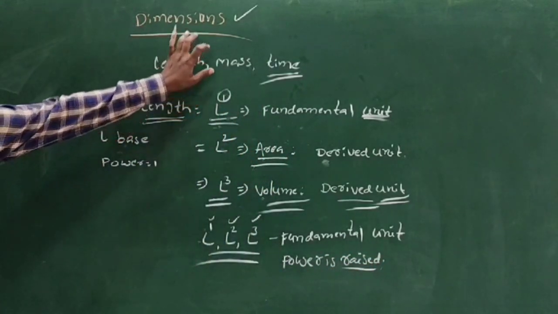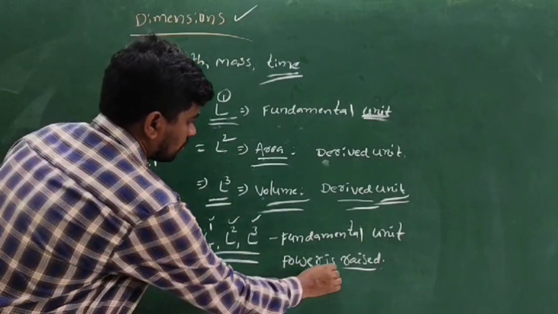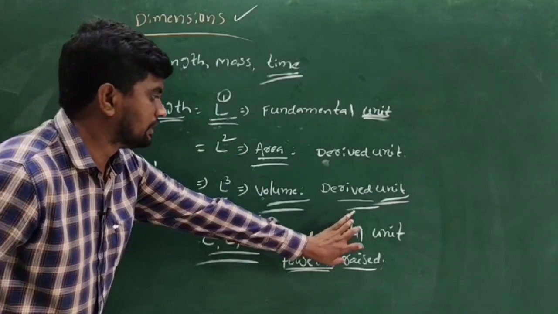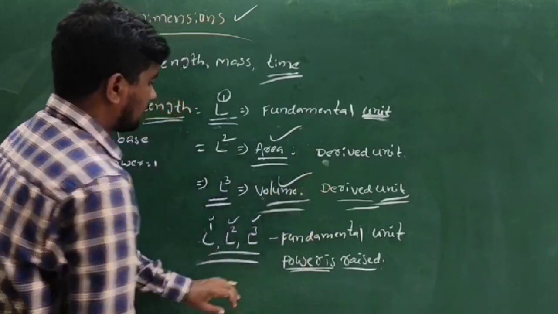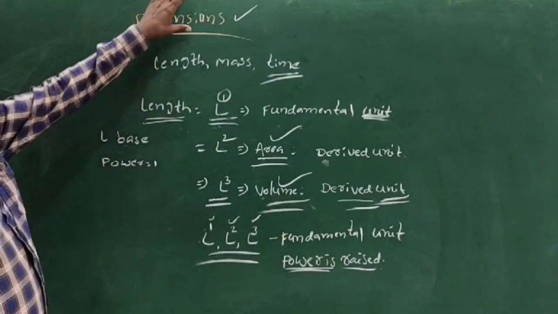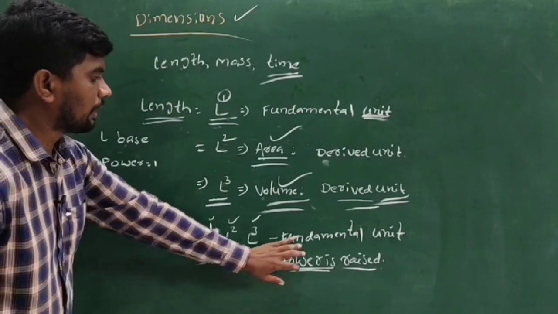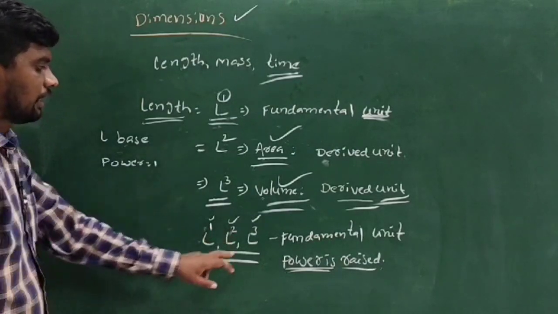The definition of a dimension: the power of a fundamental unit which gets raised to give a derived unit is called a dimension. Repeat once again: the power of a fundamental unit. Power means L to the power of 1, L square, L cube.